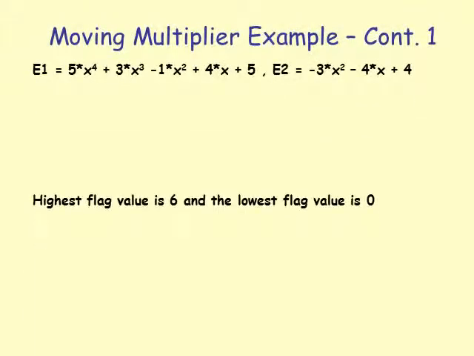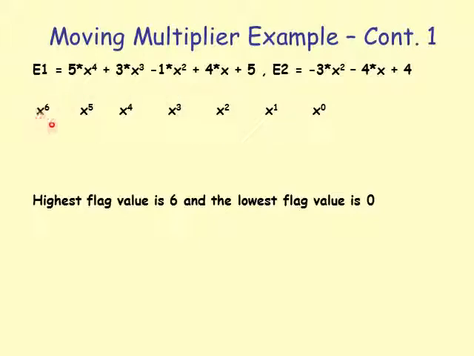So the highest flag value is 6, 4 here and 2 here, and the lowest value is the constant term here and the constant term here. They both have a flag value of 0. 0 plus 0 is 0. That means this is what we're looking for: we have the sixth power of x, fifth power of x, fourth power of x, x cubed, x squared, x, and a constant term.